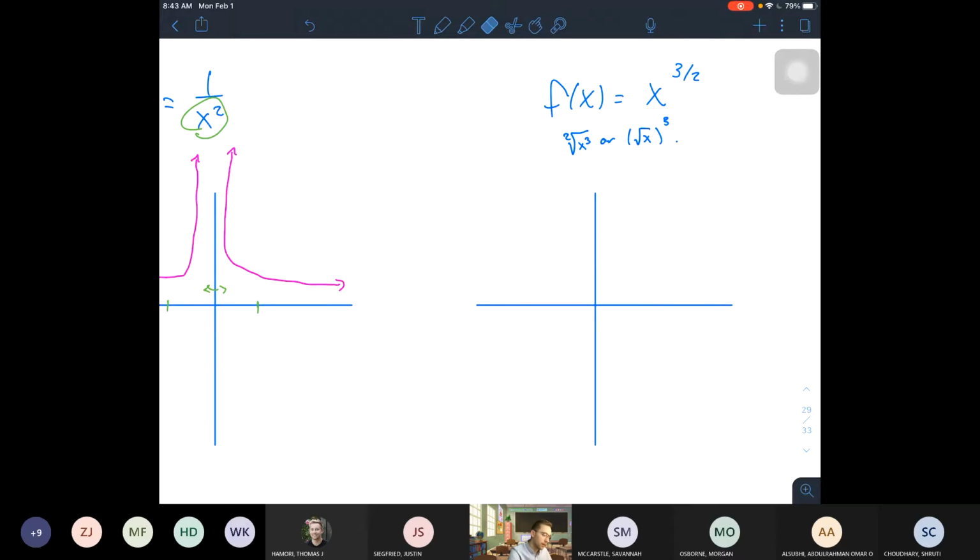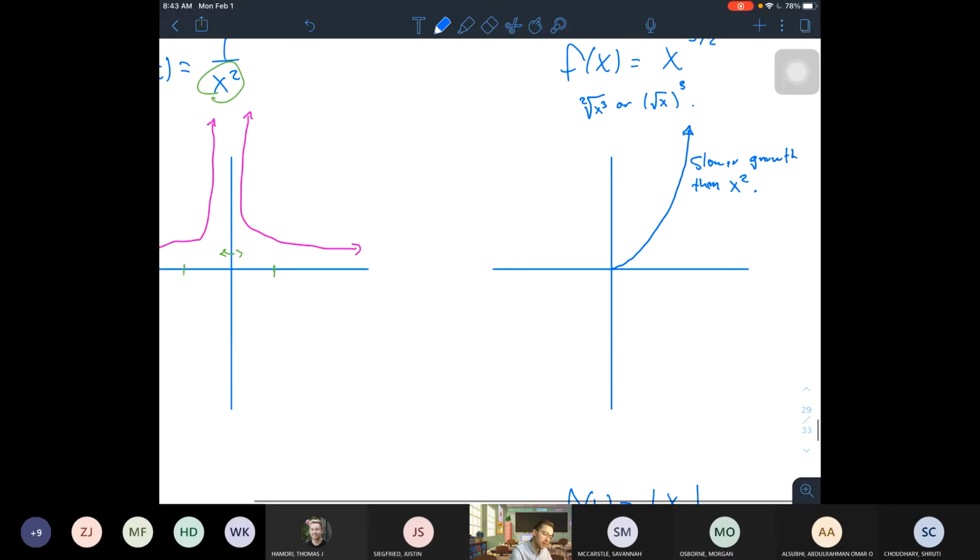And what is it going to look like? Well, it's going to look a little bit like the right-hand side of x squared, except the growth rate is going to be a little bit slower than x squared. And why is that true?